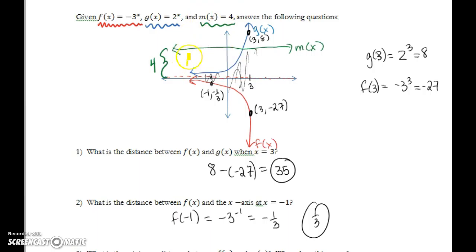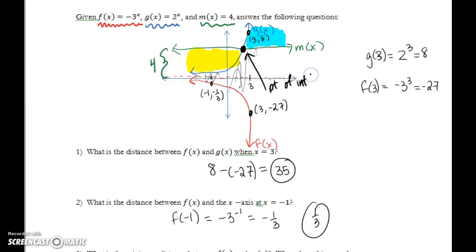So in this region, the green is bigger than the blue because it's higher up, right? And in this region, the blue is bigger than the green because the blue is higher. So the question is, where is this point that kind of separates those two regions, that point of intersection? Well, how do we find a point of intersection?